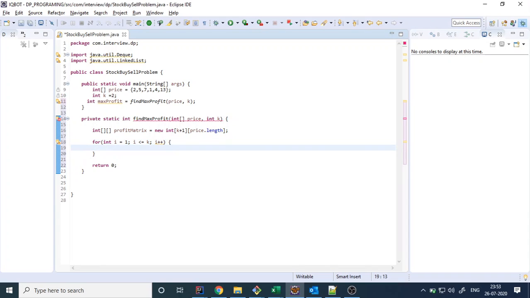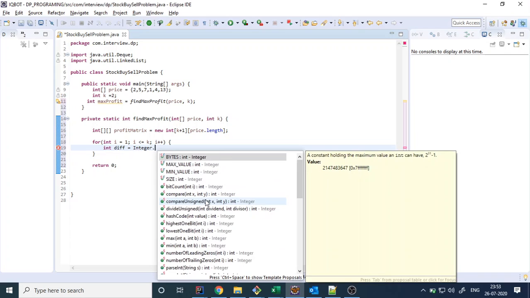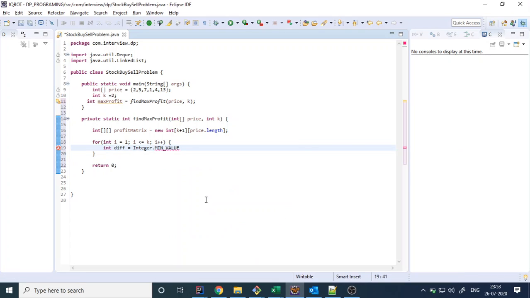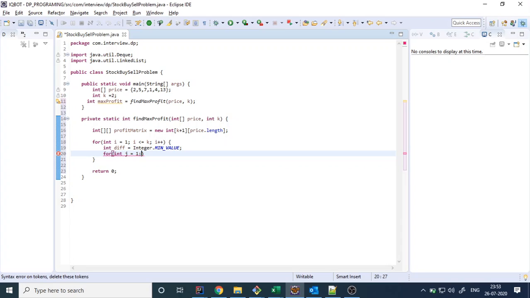Then I said int diff equal to Integer dot MIN_VALUE. Now for j equal to 1, j less than price dot length, j plus plus.